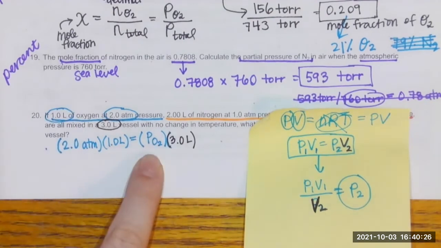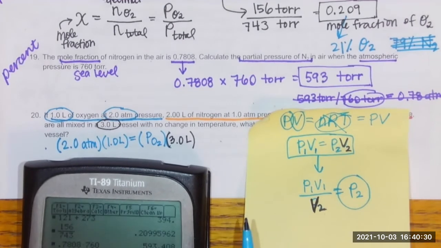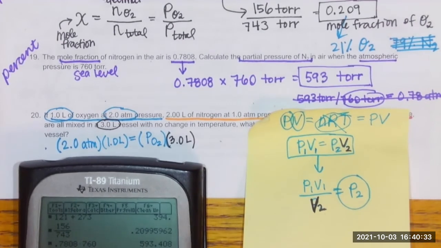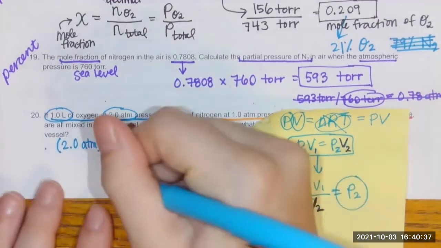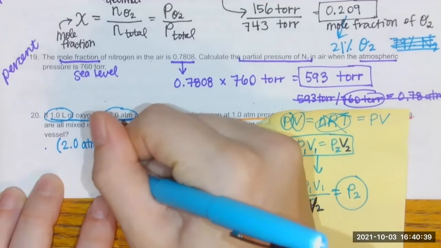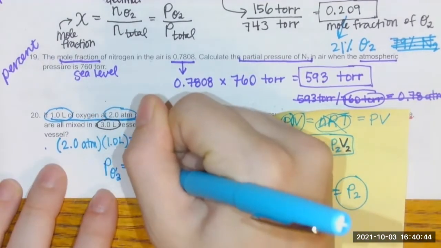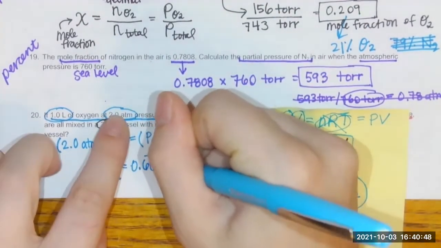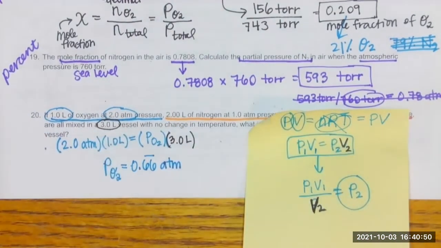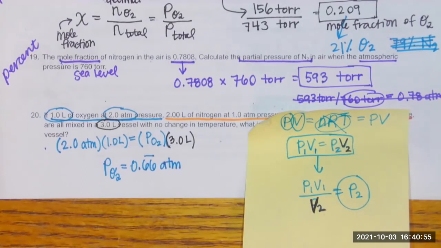Solve for the partial pressure of the oxygen. 2 times 1 divided by 3 equals the partial pressure of the oxygen, which is 0.66 repeating atmospheres. That's how much the oxygen is contributing once we put it all together.